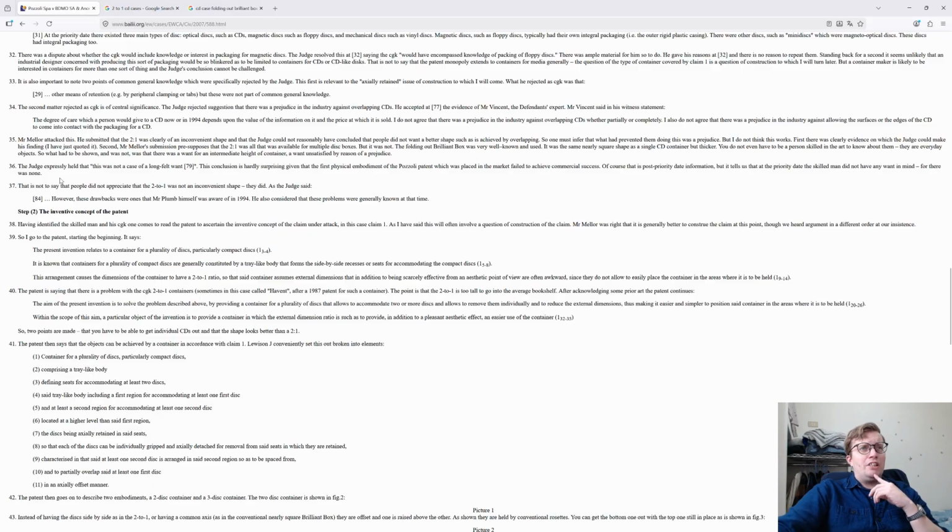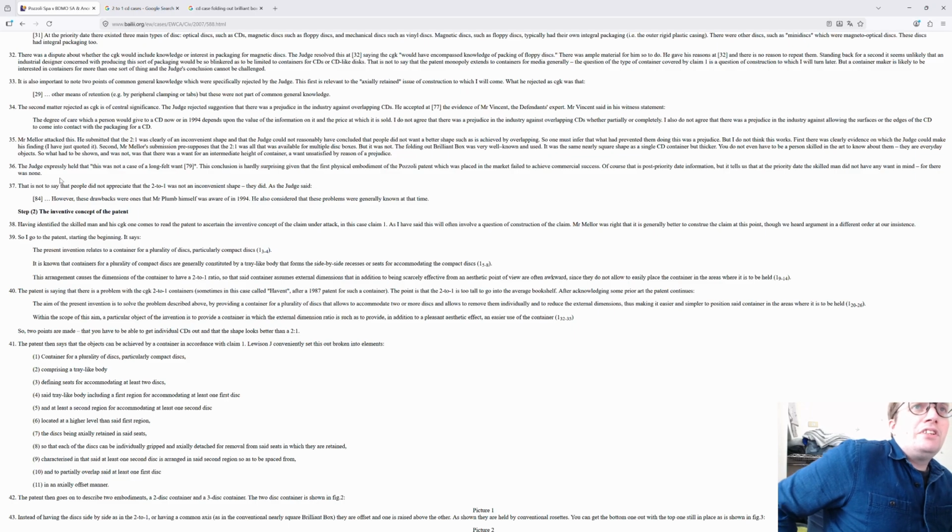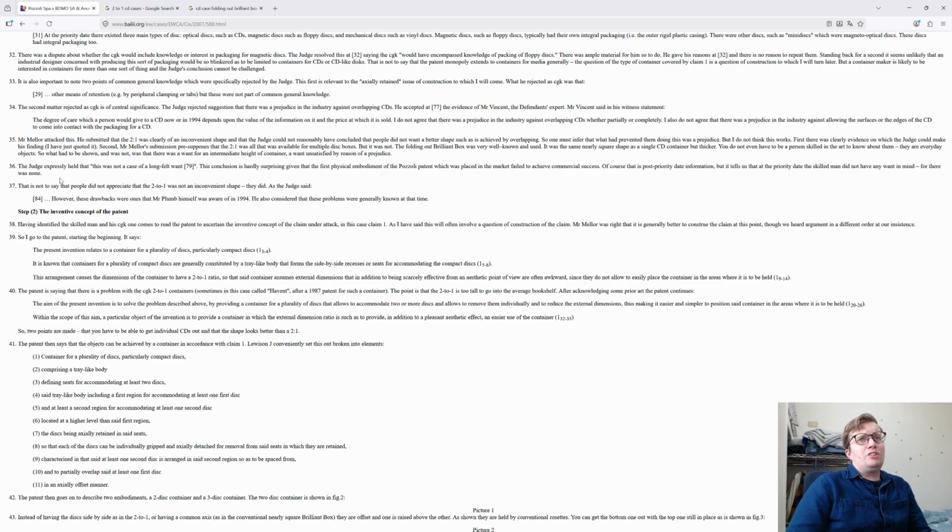The judge expressly held that this was not the case of a long felt want. This conclusion is hardly surprising given that the first physical embodiment of the Pozzoli patent, which was placed in the market, failed to achieve commercial success. Of course, this is post-priority date information, but it tells us that at the priority date, the skilled man did not have any want in mind, for there was none.